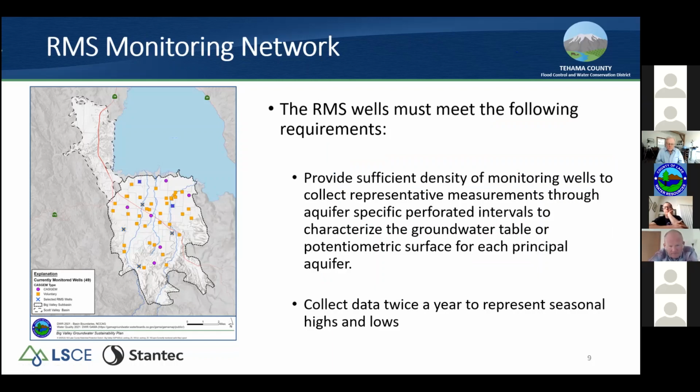Right, okay, thanks. And for the purposes of the GSP, we want to develop a network that is representative of the entire subbasin or the basin, and also represents the various stakeholders. We have to be really careful and make sure that it represents all the stakeholders.